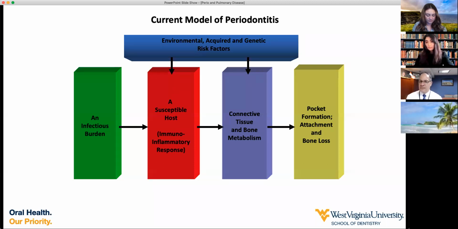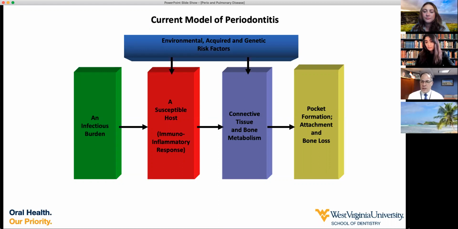If this is left unabated and unchecked, it can progress to the point where you start to lose connective tissue and bone. The metabolic balance between maintenance, resorption, and formation gets out of whack, and you start to see a net loss of tissue. And eventually the pockets will form. The bone loss will become so severe that the tooth may not be supported anymore, and that's when the tooth has to be extracted, unfortunately.